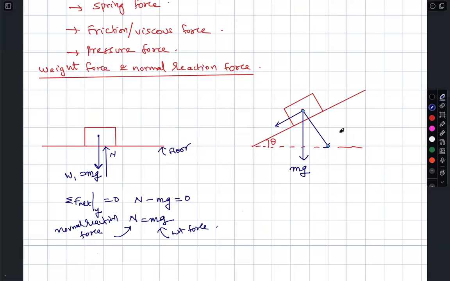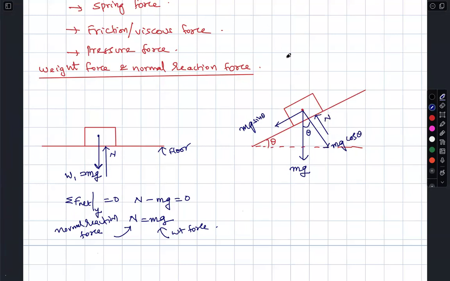Right. Now, if this is theta, this is theta. Because of geometry, 90 minus theta, theta. And this will become mg cos theta. This will become mg sin theta. Now here, this is your vertical now. So therefore, now the normal reaction force is like this.